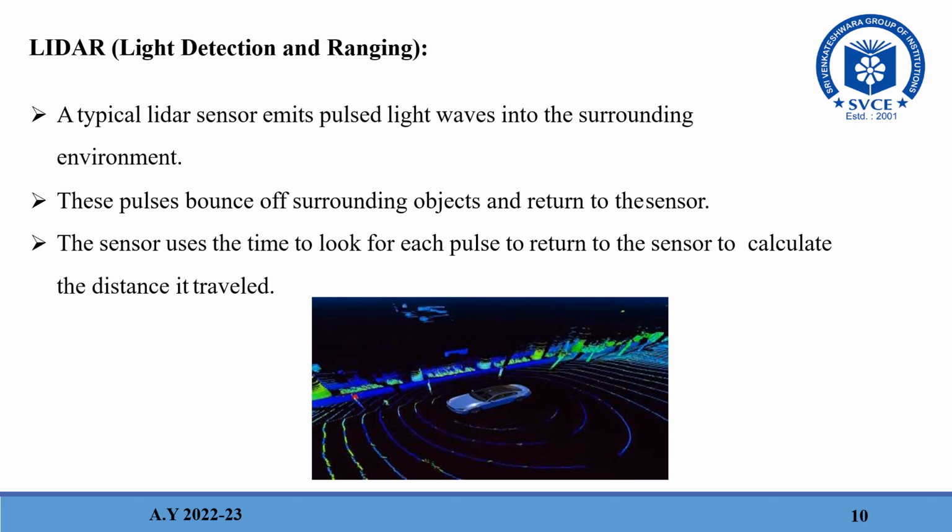LiDAR, the first ACC system introduced by Toyota, used this method by measuring the beat frequency difference between a frequency. In the figure given above, we can observe the light system which is used by LiDAR.